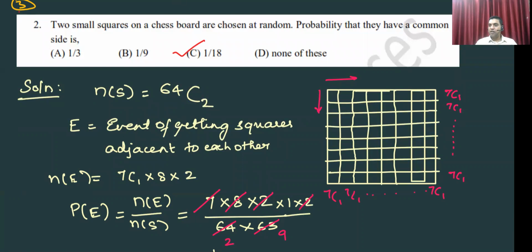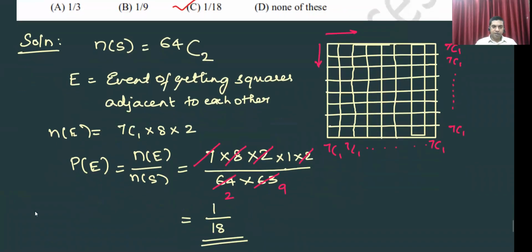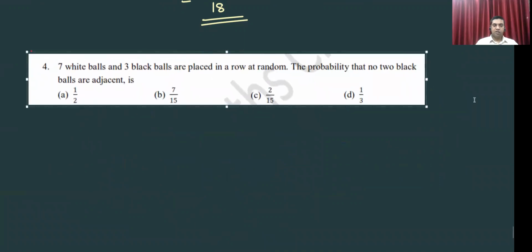Okay, then the typical problems of balls. Here it appears as if there are multiple events, but they are single event problems only. 7 white balls and 3 black balls are placed in a row at random.